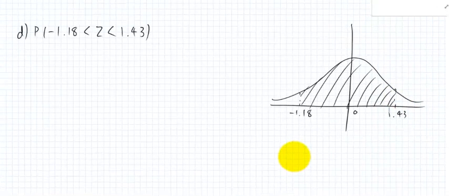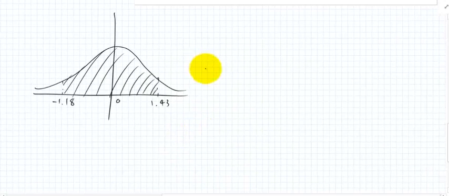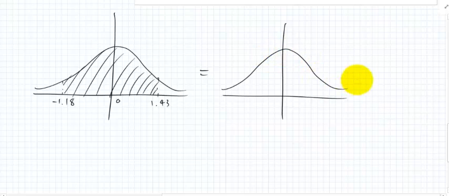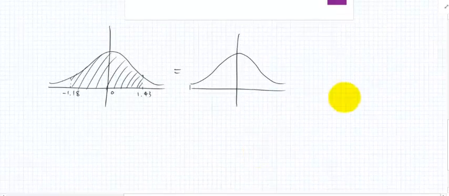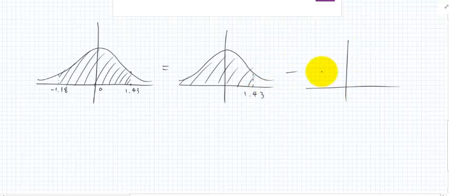Now this is a new type of question, but it's not too bad. The area in between is equal to the total area less than 1.43 minus the area less than minus 1.18. If we take this away from this, then we'll get this area between. That's exactly what we'll do.